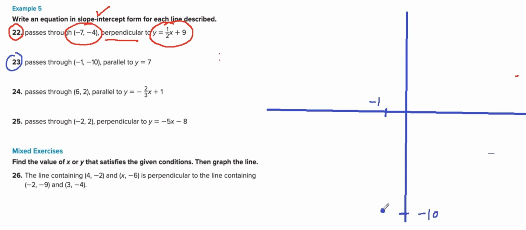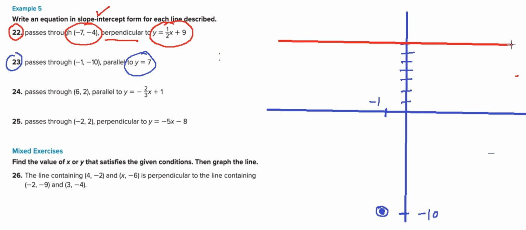So minus 1 and minus 10 is this point. And where will be the line y equal to 7? Y equal to 7 will be above the origin. 1, 2, 3, 4, 5, 6, 7. This line, the red line, is y equal to 7.